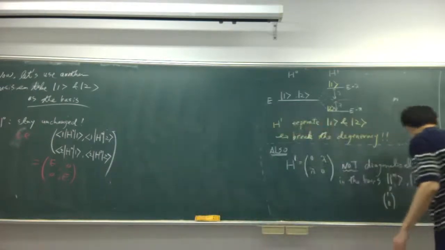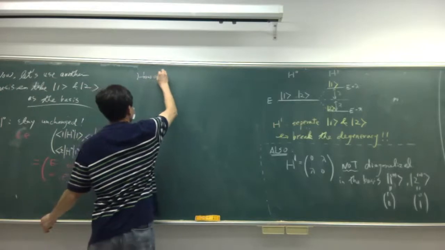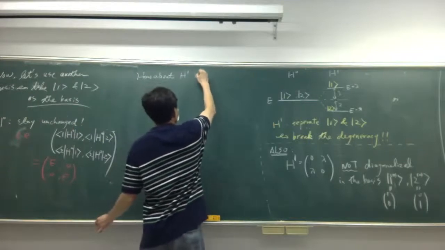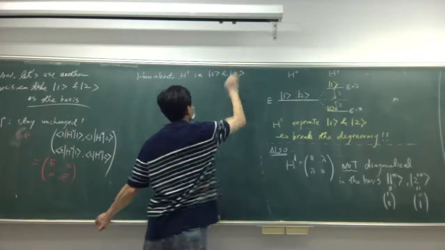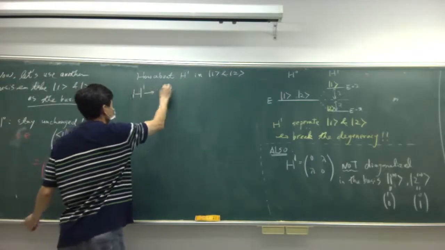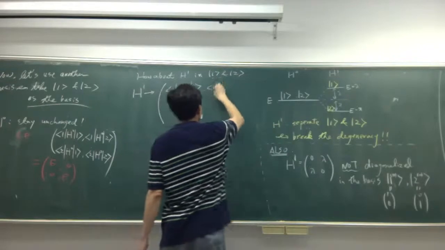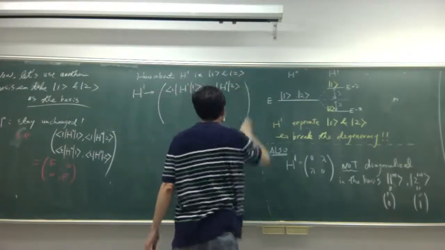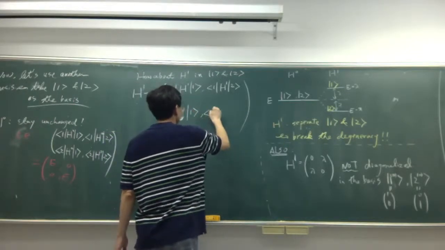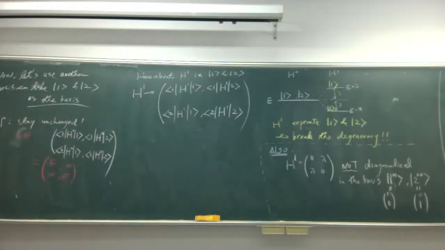So my H1 in this |1> and |2> basis equals the matrix of <i|H1|j>. Okay, and then let's calculate one by one.